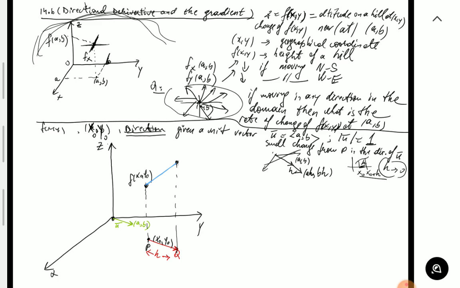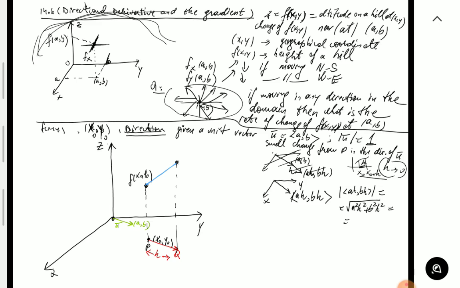If you want a vector in the direction of (a, b) to be of length h, so let's say this is x, this is y, then its components should be ah and bh. To convince yourself why that's the case, notice that the magnitude of (ah, bh), with the formula for the magnitude, is the square root of a squared h squared plus b squared h squared.